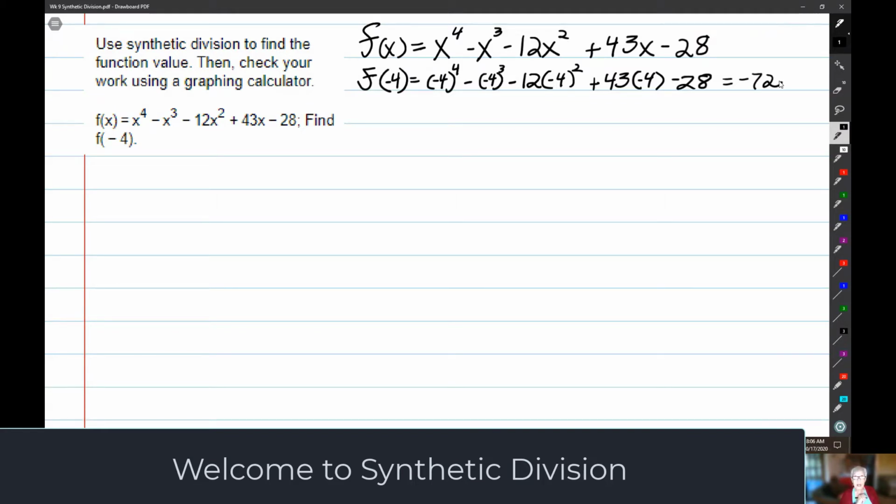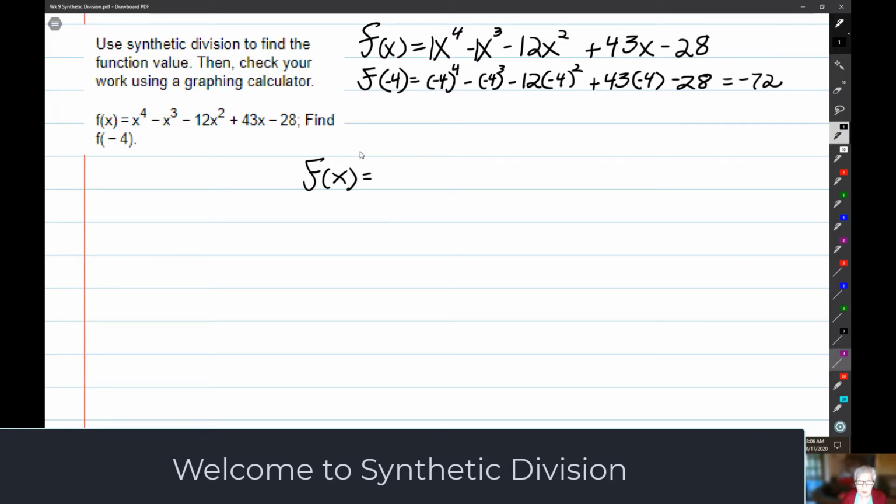But there is a quicker way, and we're going to use synthetic division. So one more time, I'm going to write f of x equals. Now I'm going to put the coefficients in front. Negative 12 is a coefficient, 43 is a coefficient, negative 28, and it's debatable, but think of it as a coefficient. However, there are invisible ones in front of x to the fourth and x to the third.